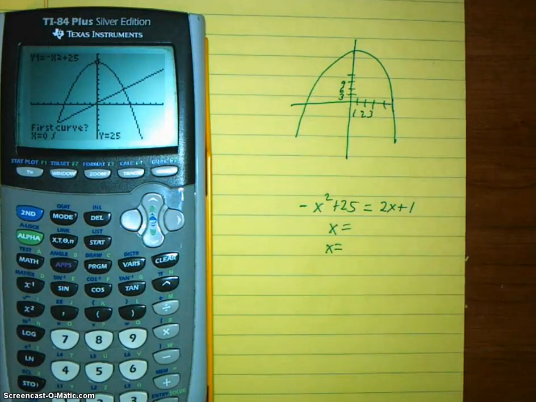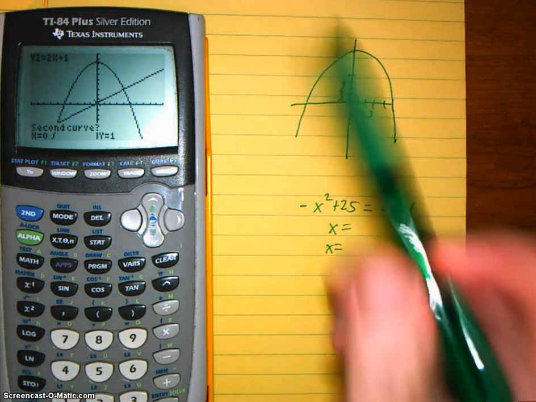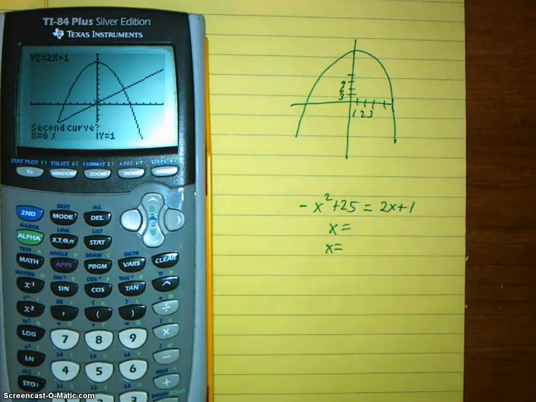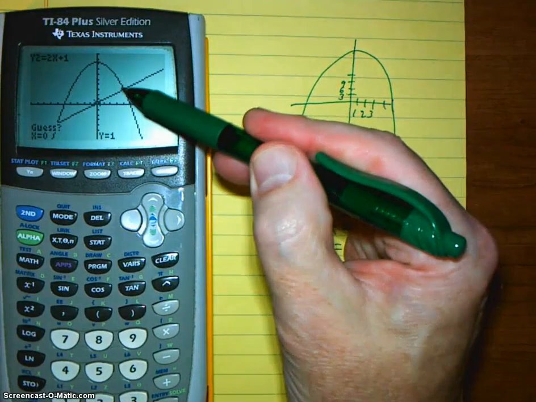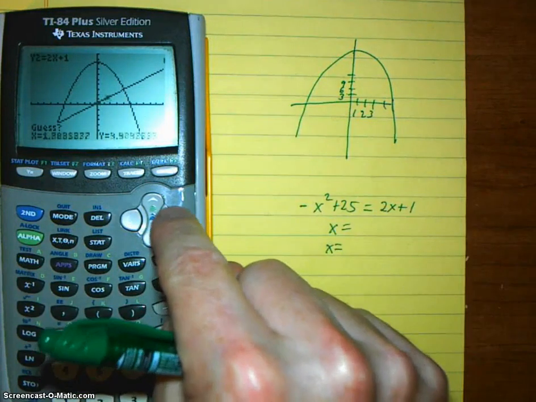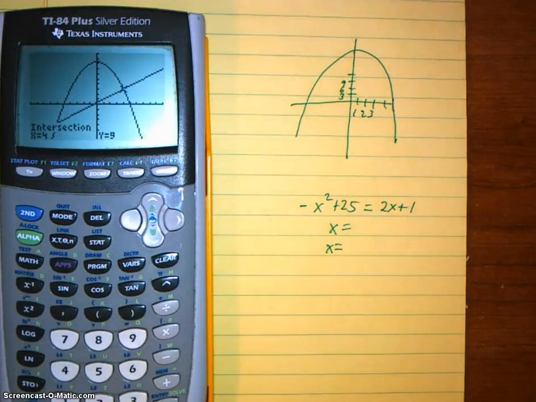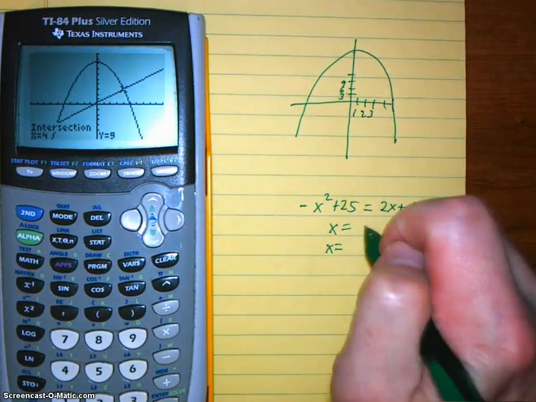Yeah, so I hit enter. Then it jumps down to the line. It says, is this the second curve? Yes, I hit enter. Then it asks for a guess. So if I want to find this one over here, I move over close and I hit enter, and it tells me the answer is 4.